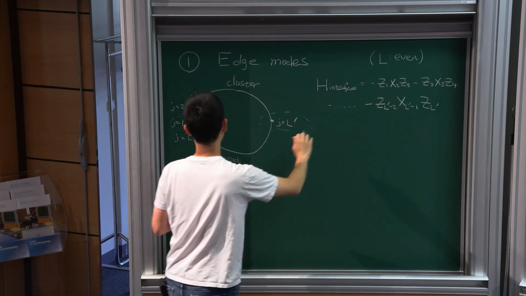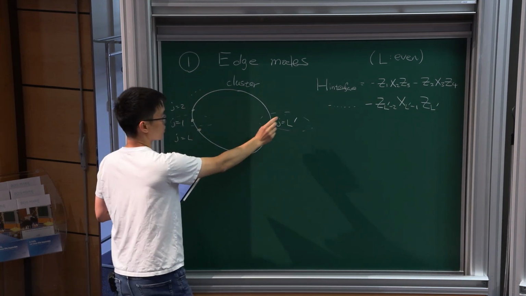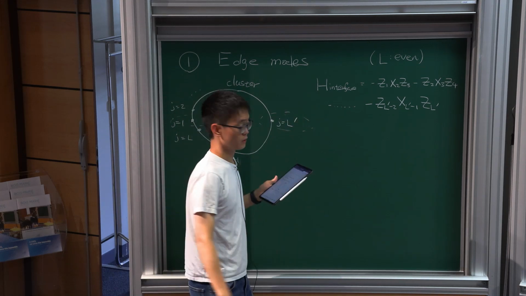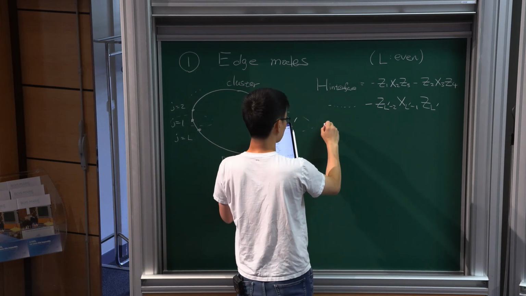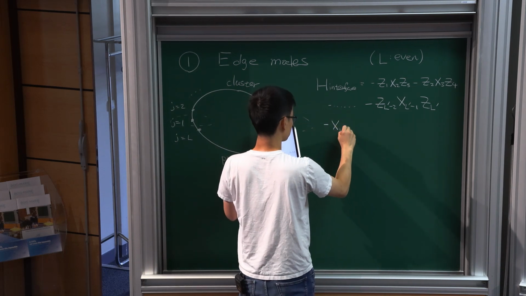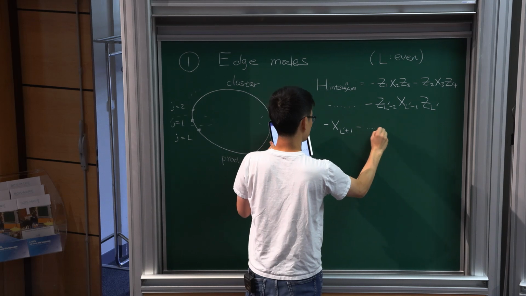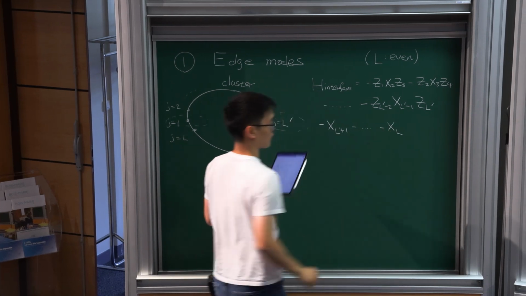So this part is the Hamiltonian here, where I just put down the ordinary cluster Hamiltonian. Starting from here, I'm going to put the product state Hamiltonian. Okay, so that's it.